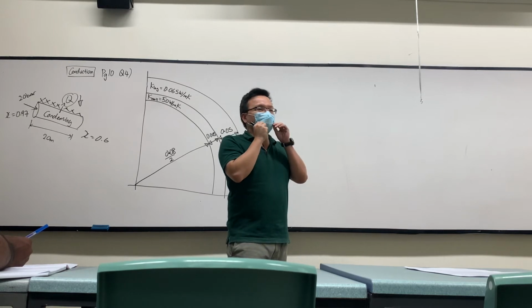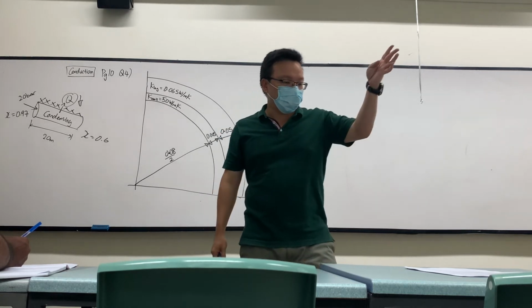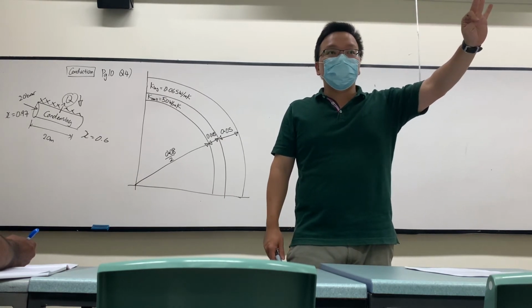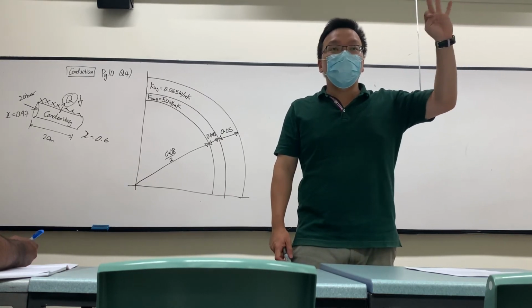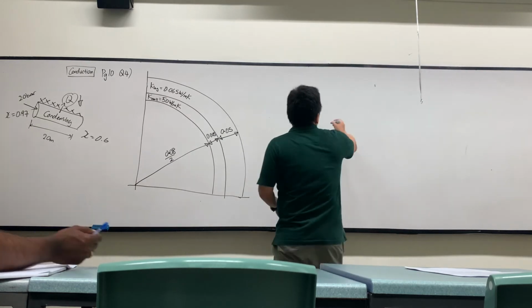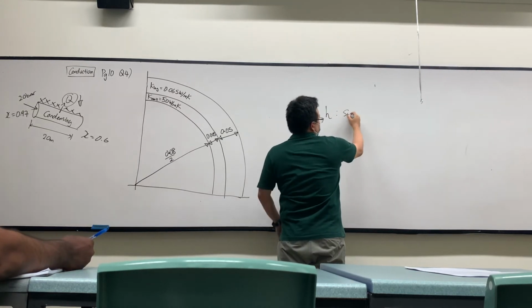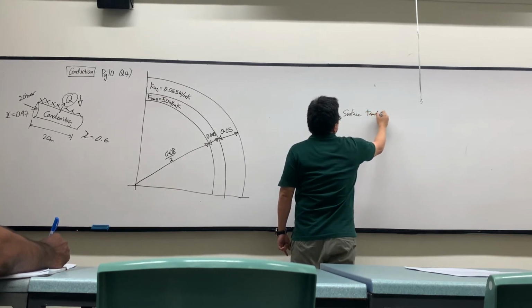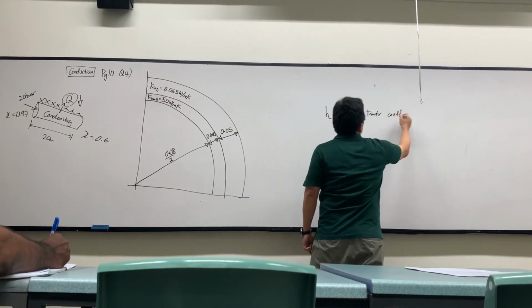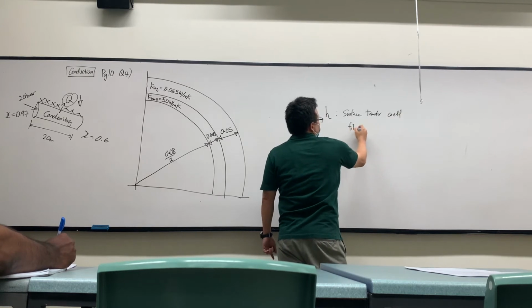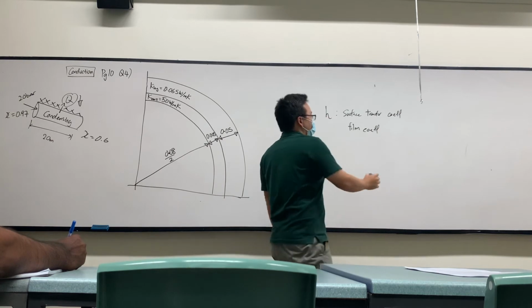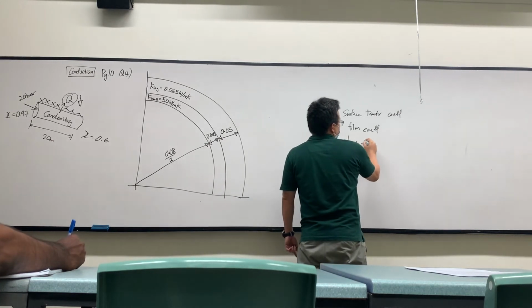So I want you to be alert. Whenever you see surface transfer coefficient H, or you see flow coefficient, also H. So this H has a few names. In this case, it can be called surface transfer coefficient, or flow coefficient, or heat transfer coefficient.